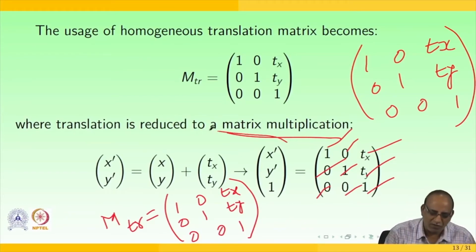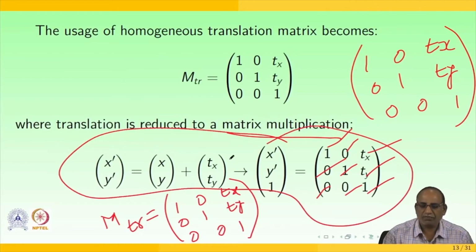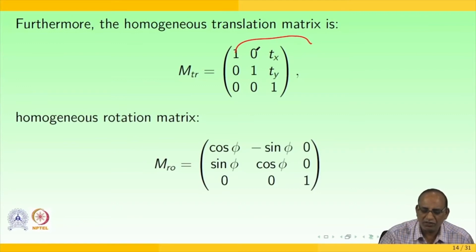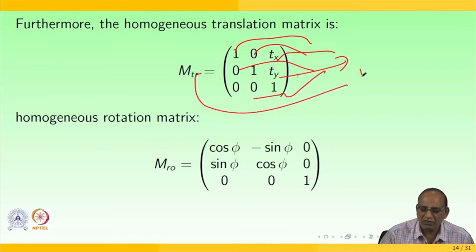So ultimately, we would be able to write it in this form. Furthermore, the homogeneous translation matrix has elements 1 1, 1 2, 1 3, similarly the second row, similarly the third row, which I call the M translation matrix.